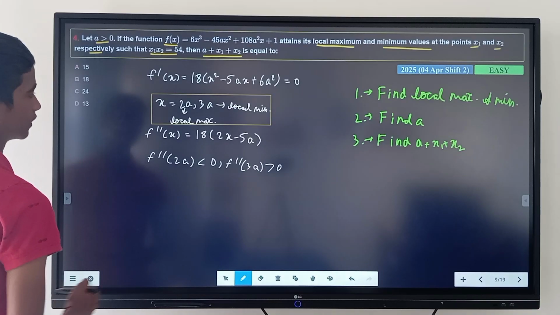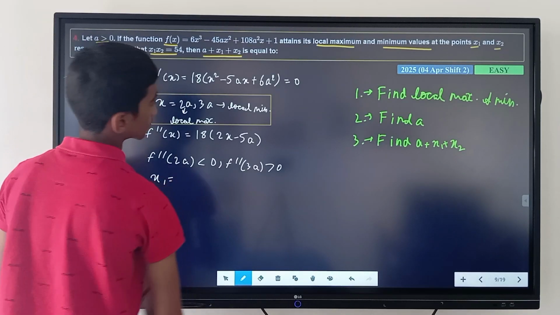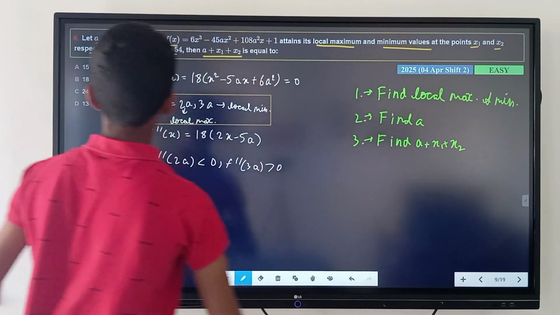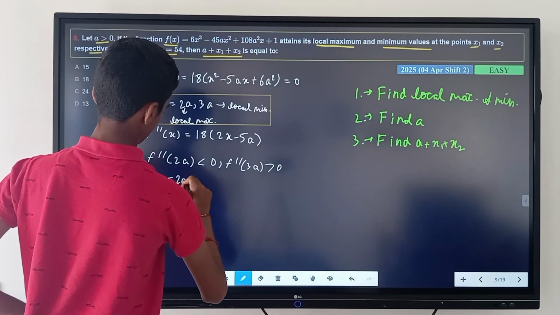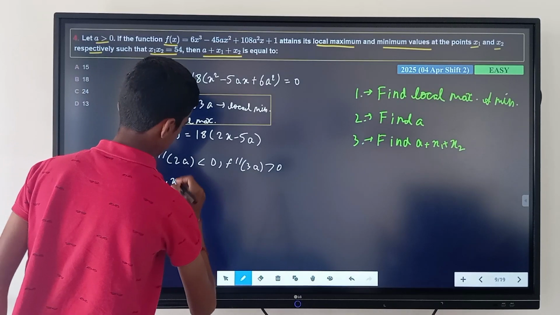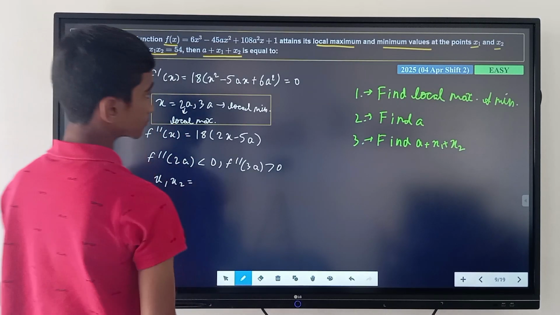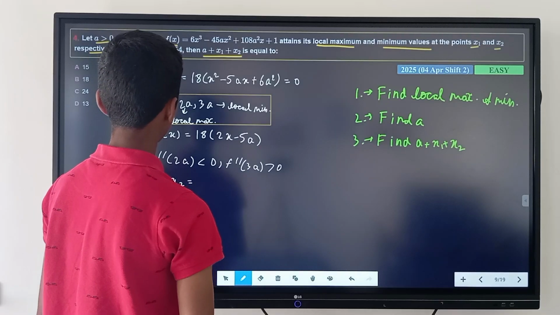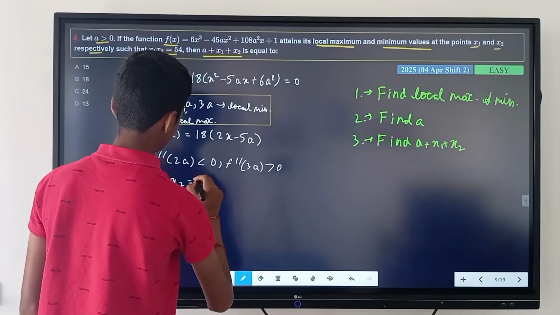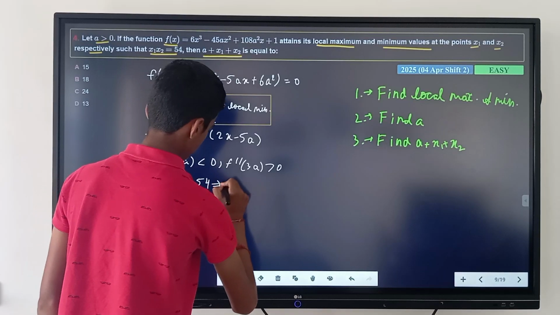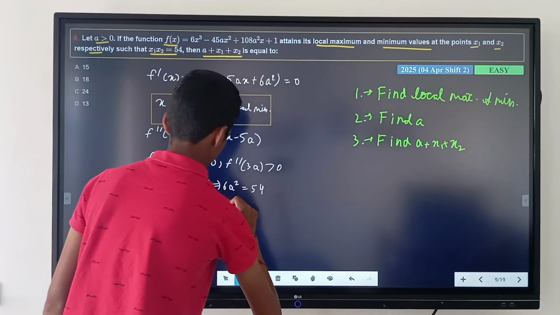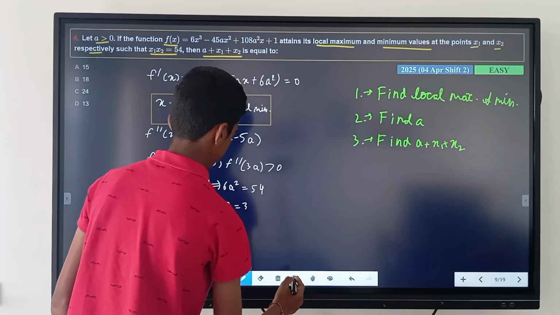Now x1 is where we attain local maximum, which is 2a, or let's directly write x1 x2 is equal to 54. From here 6a square is equal to 54, so we will get a is equal to 3.